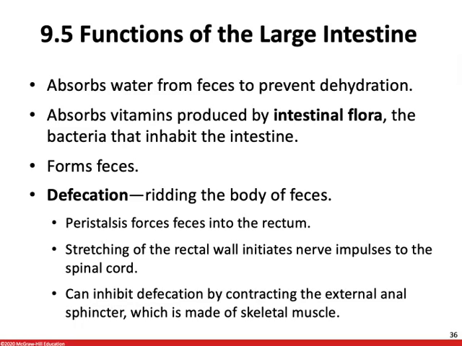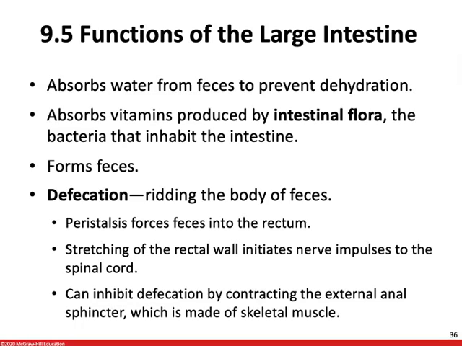Now, defecation is the process of ridding the body of feces. Again, we're going to use that wave-like motion known as peristalsis to force the feces out of the large intestine into the rectum. Stretching of the rectal wall initiates nerve impulses to the spinal cord. Then the rectal muscles will contract and the anal sphincters will relax, allowing the feces to exit the body through the anus.